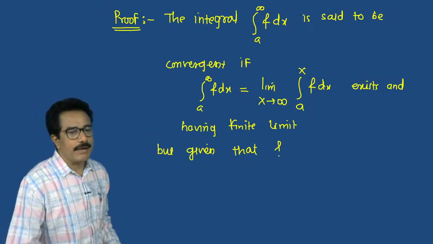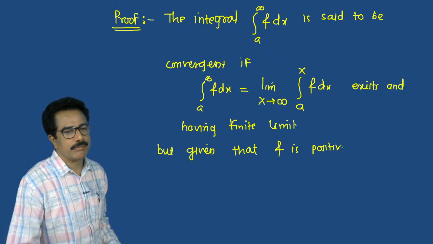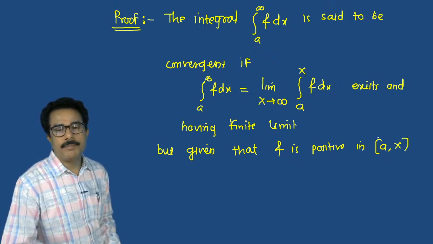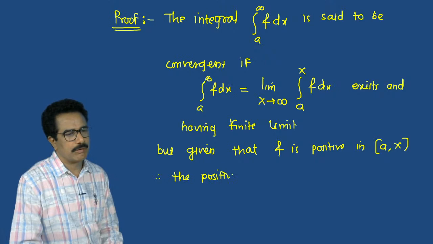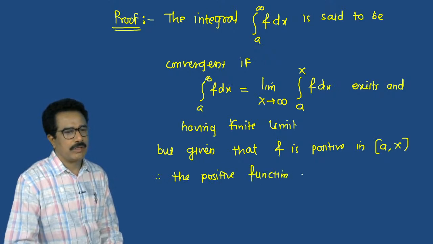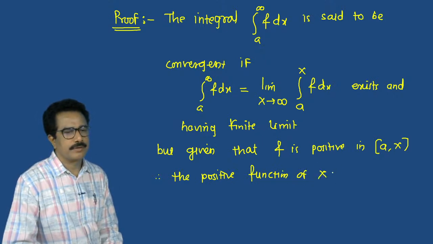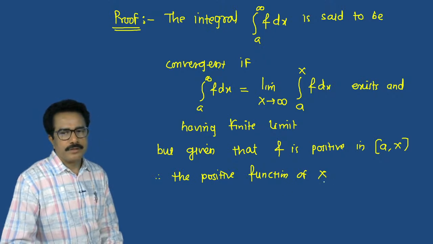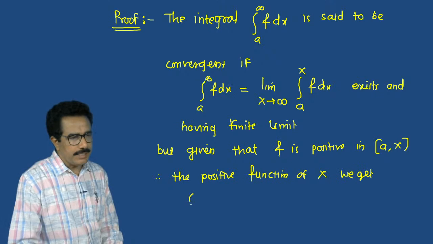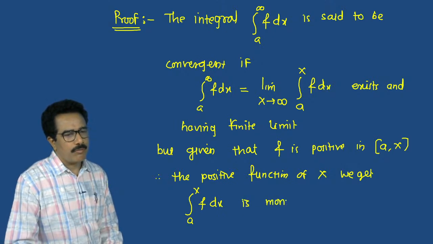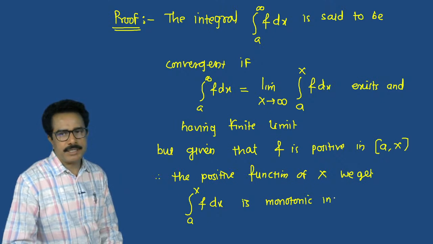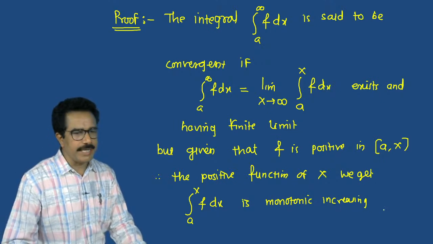So, given that f is positive in closed interval a comma x, the positive function, therefore, the positive function of x, we get integral from a to x f dx is monotonic increasing as x increases.